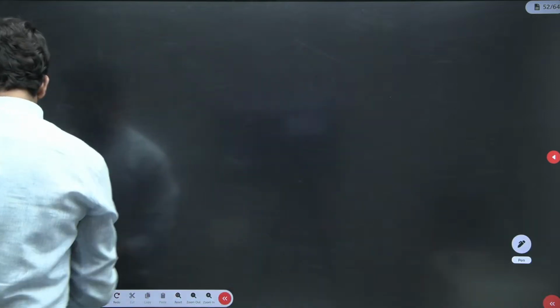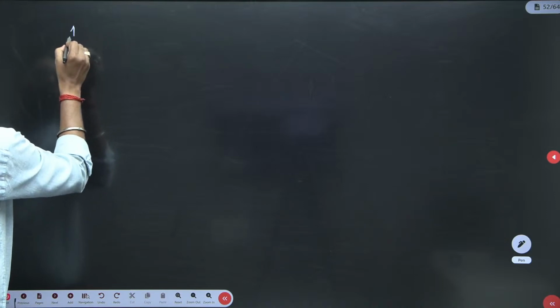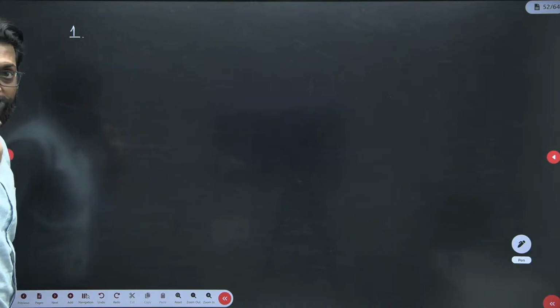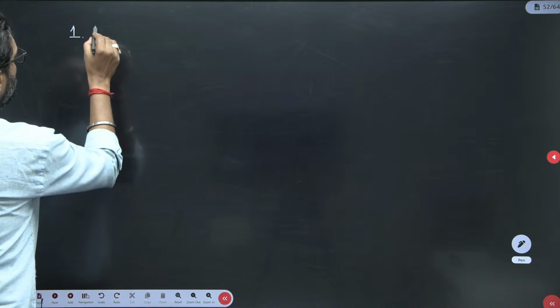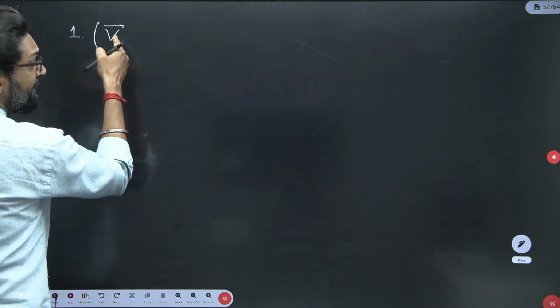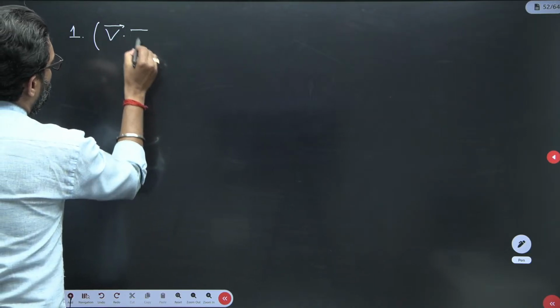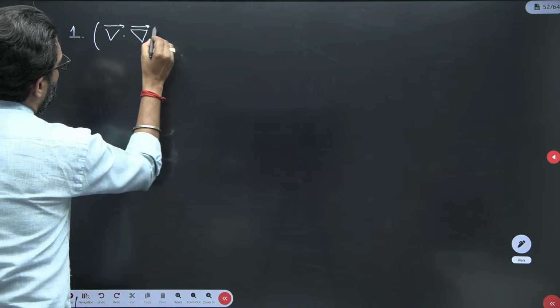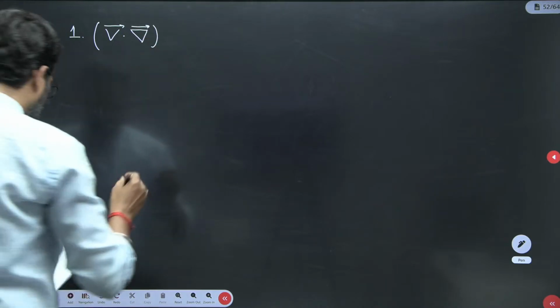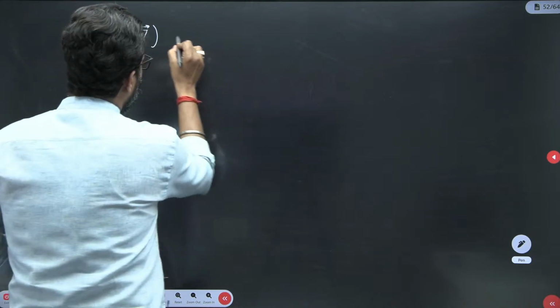Let's suppose there are two things. First one is any vector field V dot del. So how to write this?